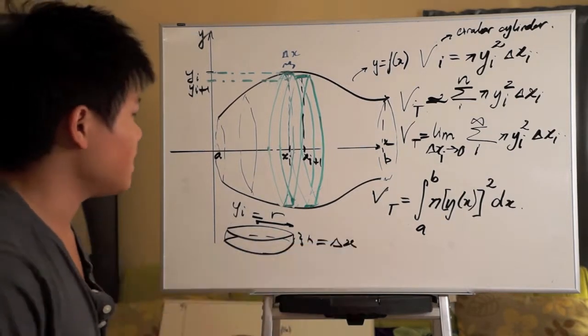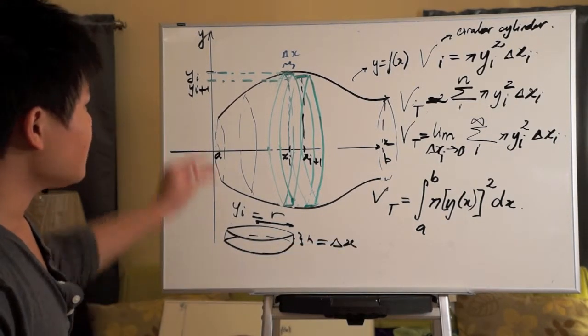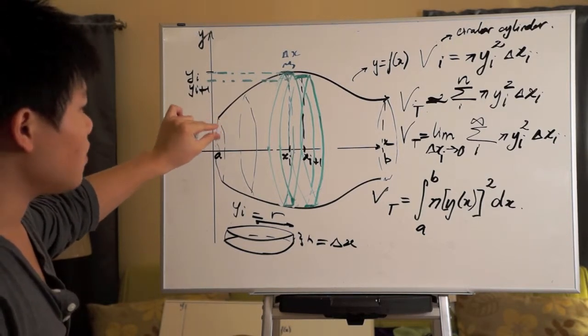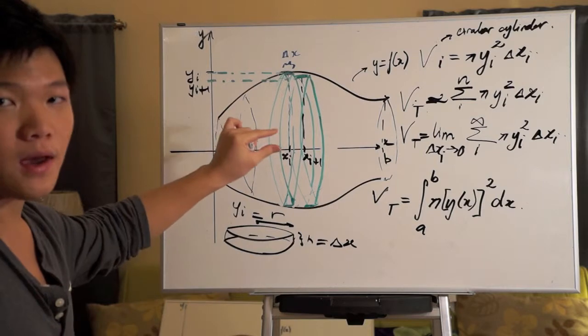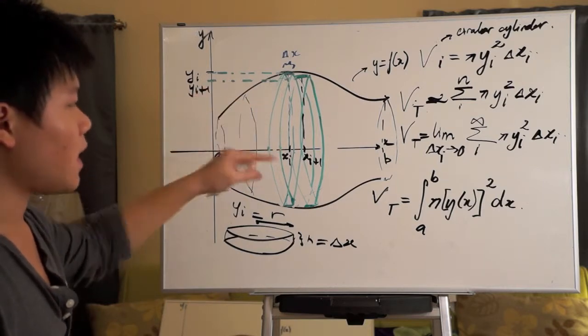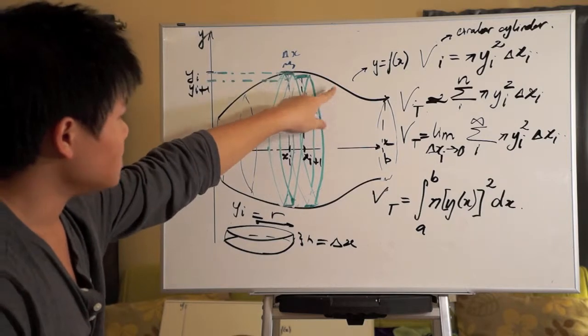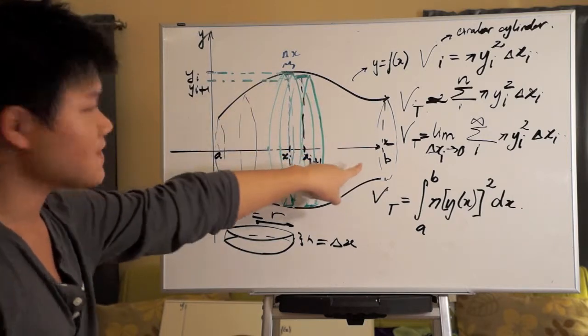That gives us the integral. This is the same thing as when we derived the equation for the surface area of a graph revolving around a certain axis. So this is for when we have the function revolving around the x-axis.